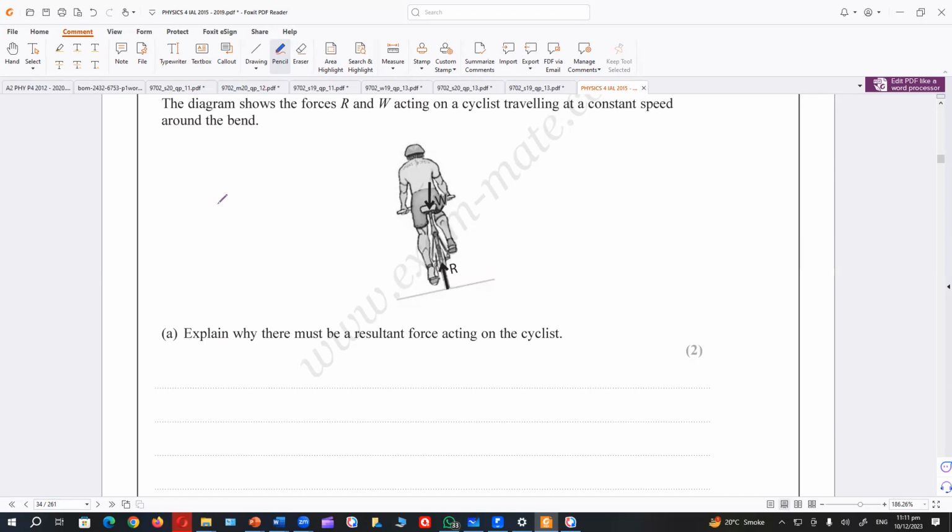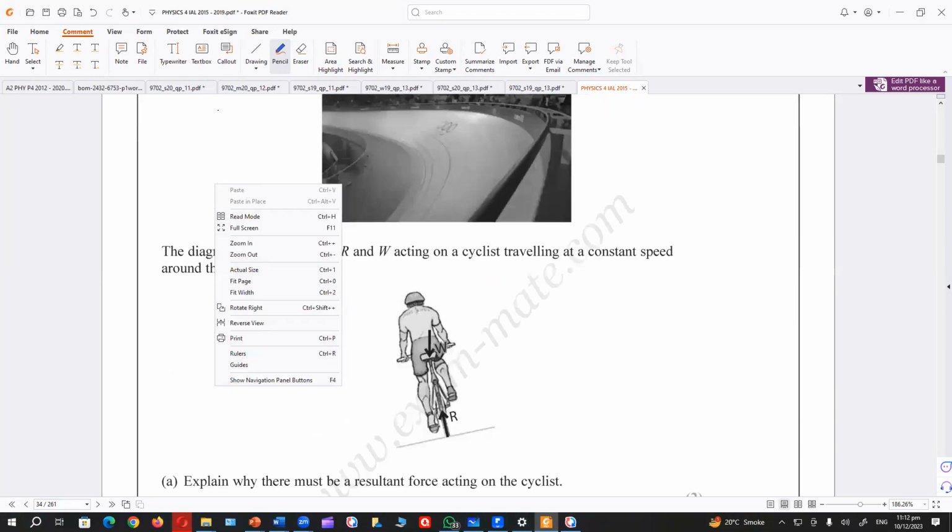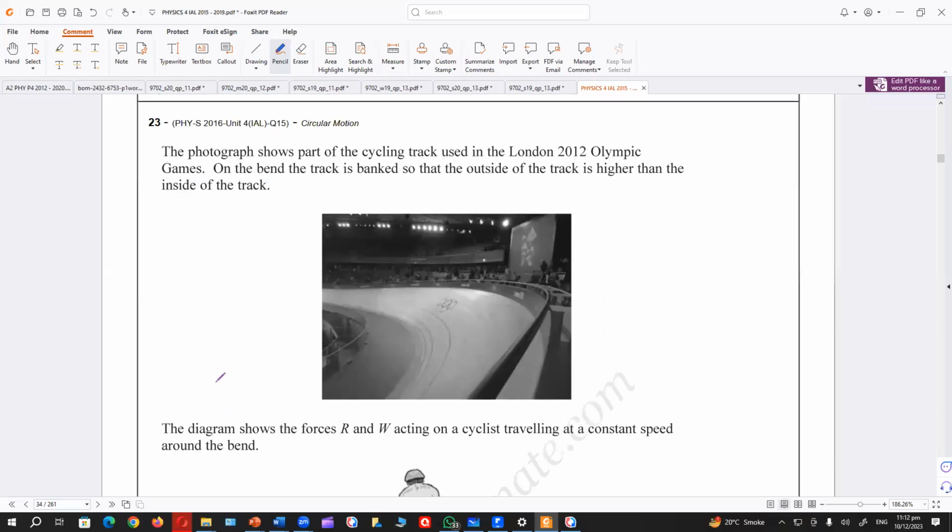Because weight is acting downwards on the... No, remember this chapter we did yesterday, though we did it in a very hurried way. Unfortunately we had to do that. This is a cycling track, it's a big circle.